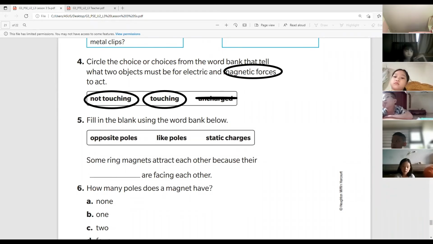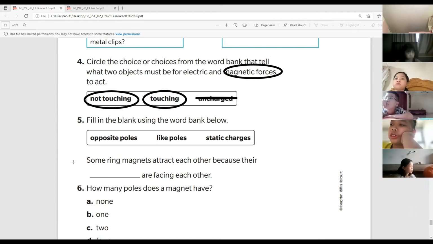A magnet and electrical force can act on you while not touching you or while touching you. A magnet still works if it touches another magnet, okay? So we have not touching and touching as our answers. Change your answers if you need to.